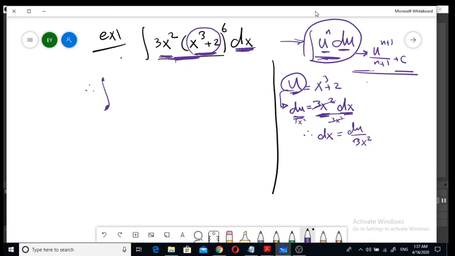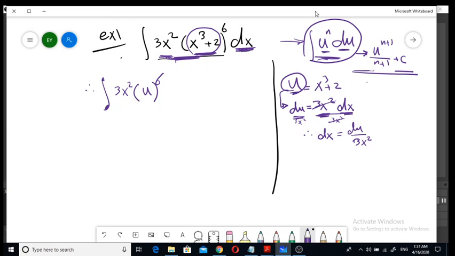Then the integral of 3x squared, now we can replace u by x cubed plus 2. We select u to be x cubed plus 2. So it will be u power 6 times dx.